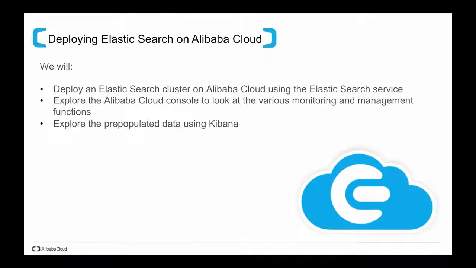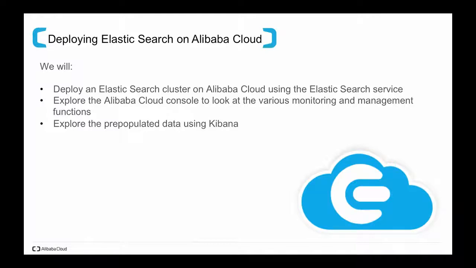What are we going to do? The idea of this section is to just show you how easy it is to deploy an Elasticsearch cluster on Alibaba Cloud using the Elasticsearch service. We will go around the console and explore a few options with regards to how you can monitor and manage this Elasticsearch on Alibaba.